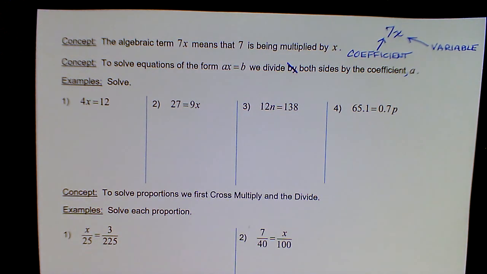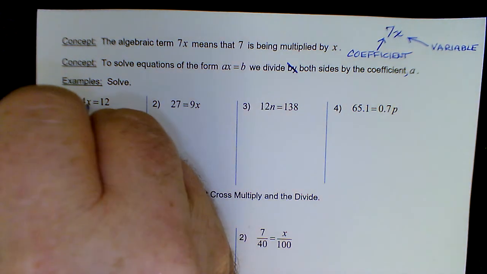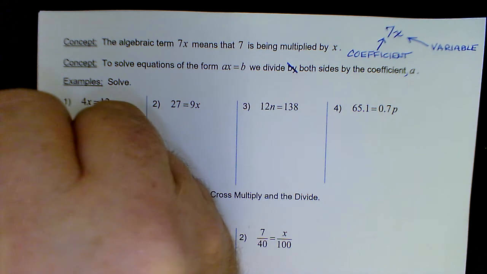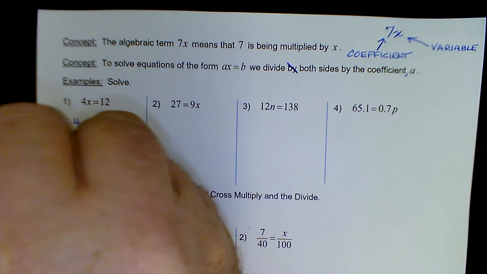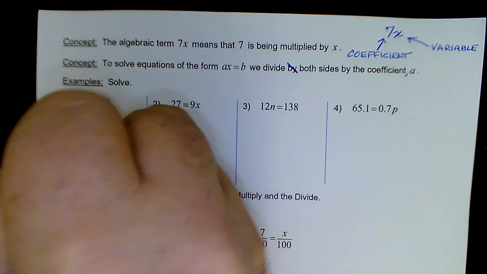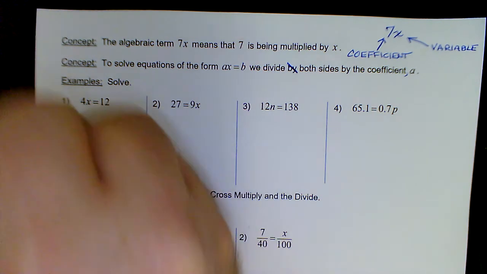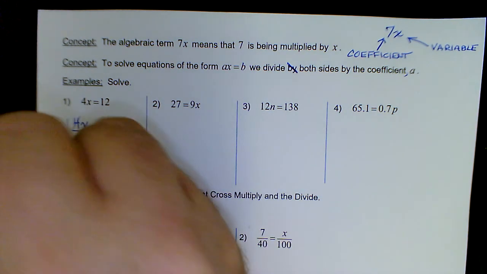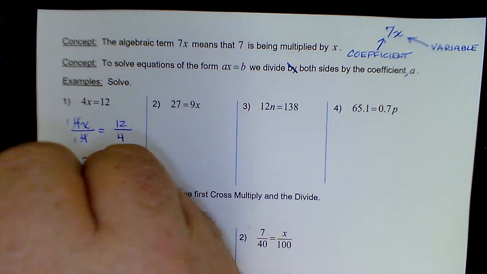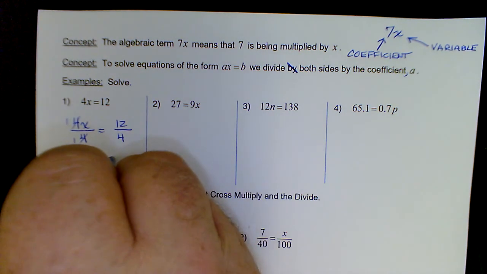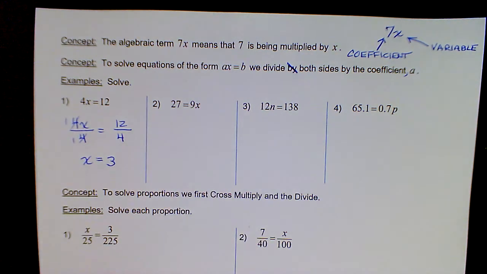But we want an algebraic approach. So I'm going to rewrite this. It's of that form, ax equaling b, and we're just going to divide by the number in front of x. That's its coefficient. But whatever we do to one side, we have to do to the other side. Now, formally, these 4's cancel. We get 1x over 1, or 1x, or just simply x, and we do the division. 12 divided by 4 is 3, as we expected.